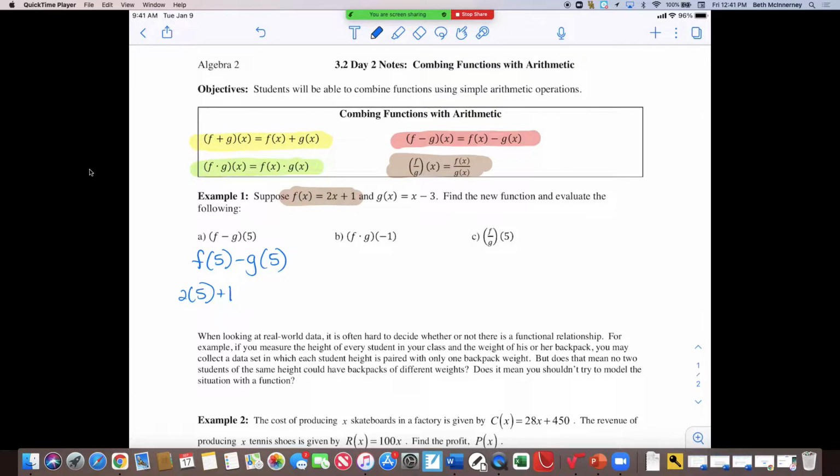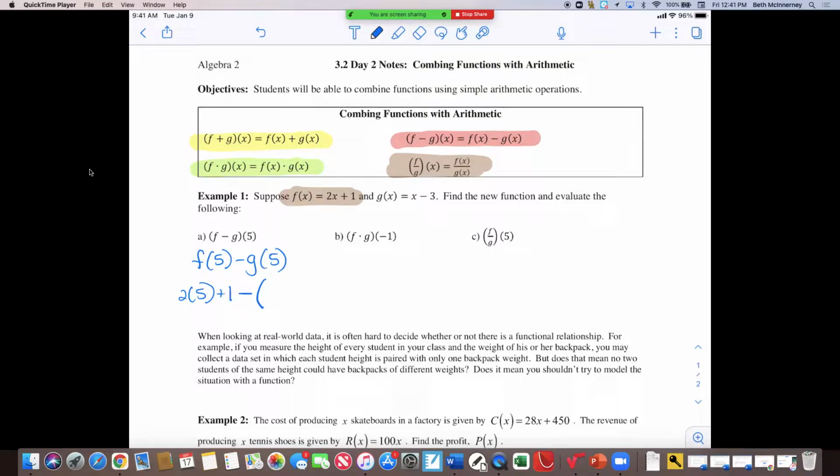When you subtract, you have to put a big grouping symbol and subtract whatever comes out. And this might be the hardest thing for us to keep straight. Again, when you subtract g of 5, you have to subtract everything that comes out of g of 5.